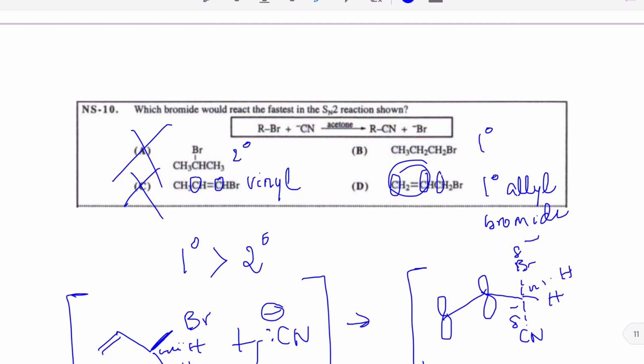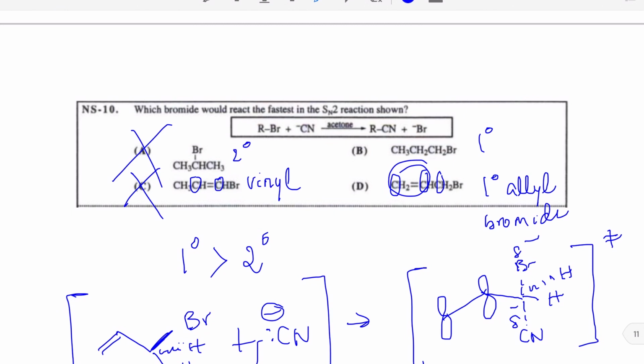So what we find is that we're right in between this SN2 reaction, this process. Again, it's a one-step concerted reaction. So a cyanide ion is forming a bond with the carbon at the same time as the carbon-bromine bond is being broken.